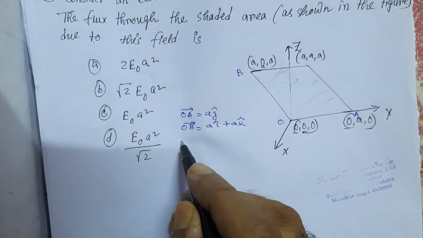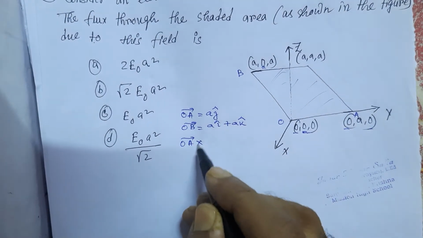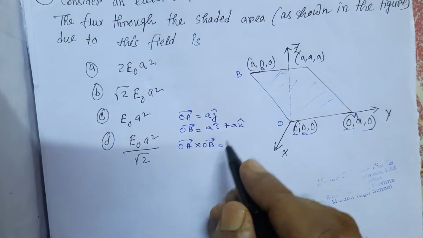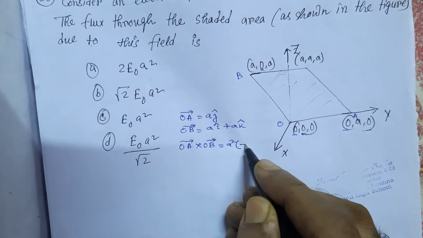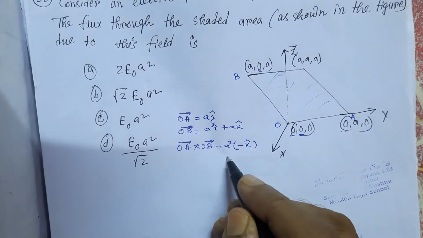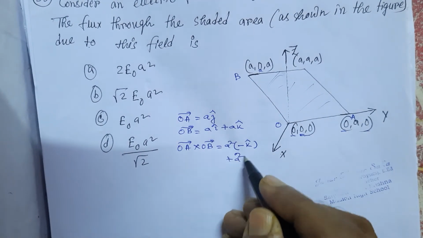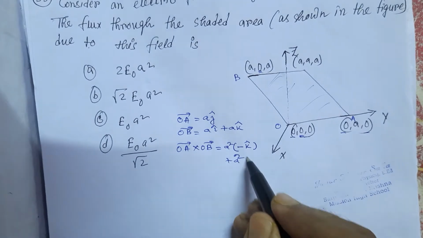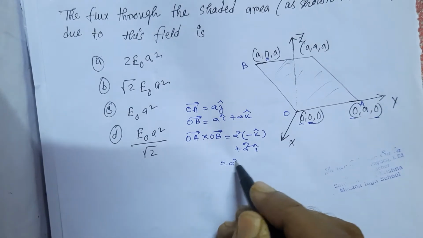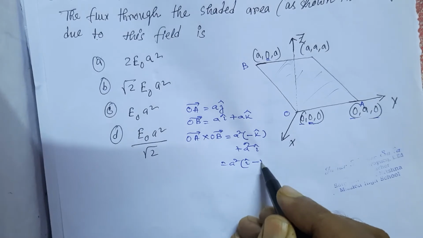Now we have to calculate the area OA cross OB. OA cross OB equals A square into J cross I means minus K, and plus A square into J cross K is I. So that is A square into I minus K.